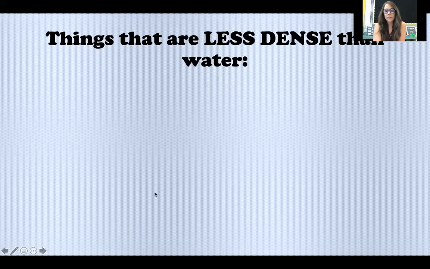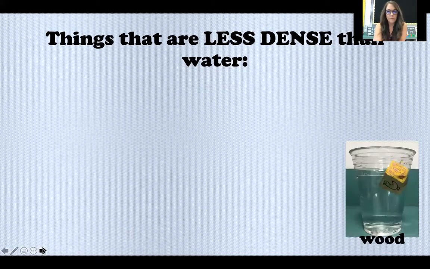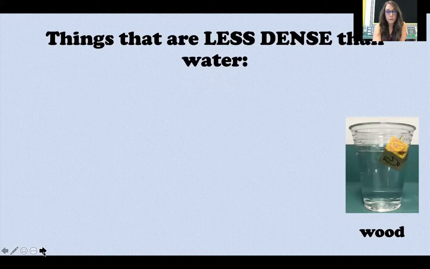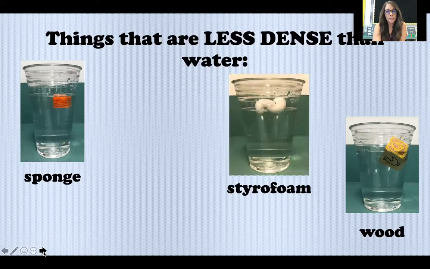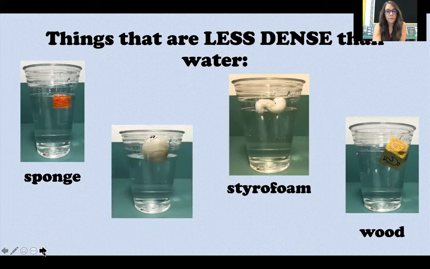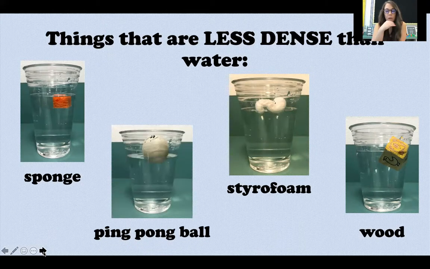Here are some objects that are less dense than water. We have wood. We have a sponge. We have styrofoam. We have a ping pong ball. All of these objects are less dense than water.